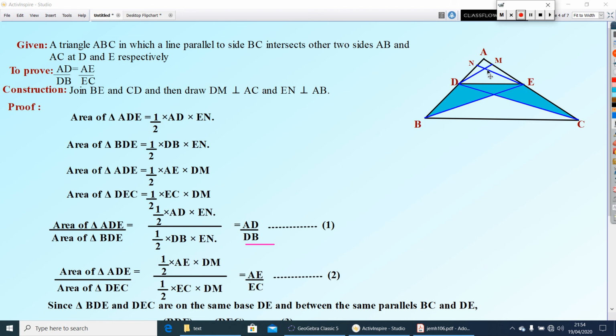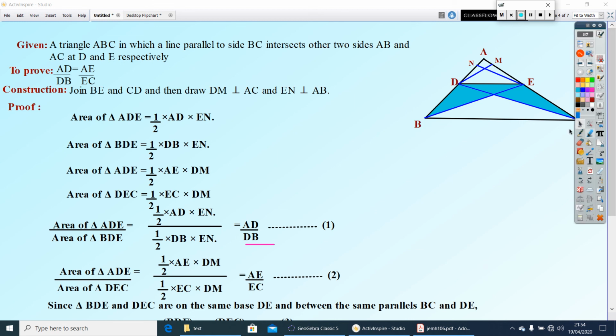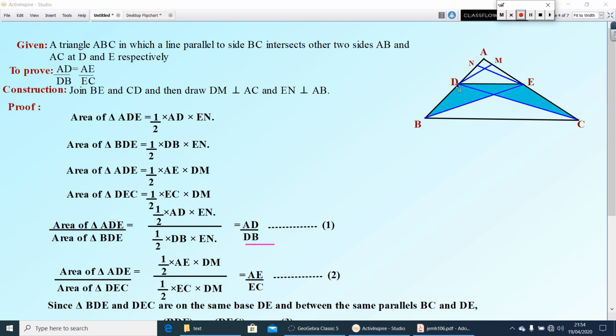Again we took DEC, and with base EC we found the area as half EC into DM. Next, we took the ratio of the areas of the first two, ADE and BDE, and found it is AD by DB, and took it as equation 1.